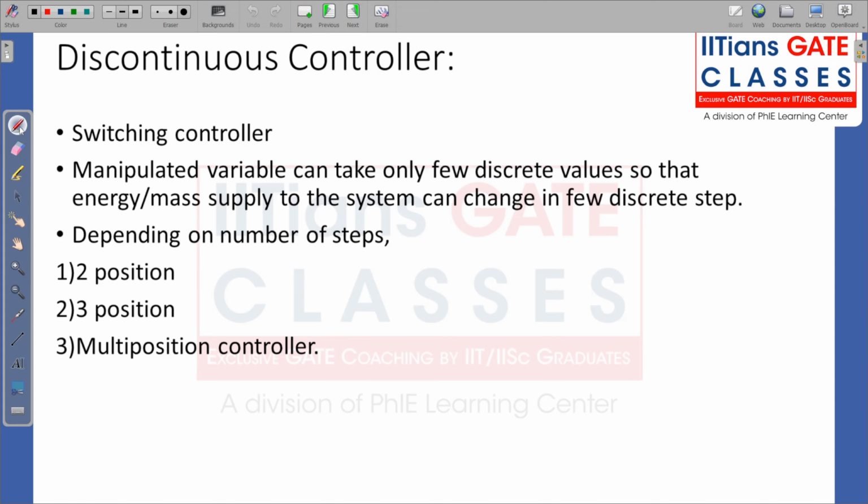The manipulated variable can take only few discrete values. What is manipulated variable? Manipulated variable is that variable with the help of which we actually control the process. Or you can say basically it is the output of the final control element.